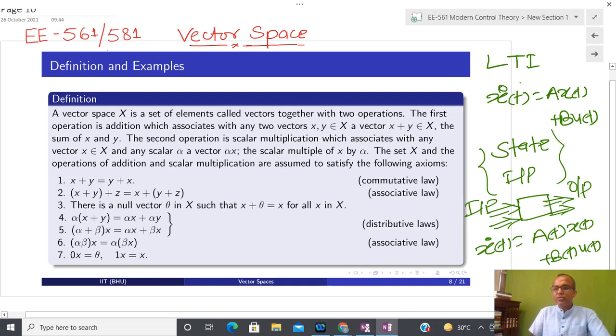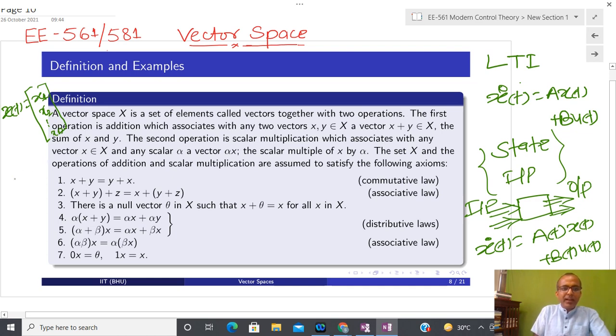So you can see that whenever I deal with this class of system, I require many things. The first important thing: in order to solve this equation, I have to understand how many states are involved here. If you see the previous classes of modern control theory taught by Sandeep Ghosh, you might have seen that if I have n number of states, we represent them in the form of a column vector.